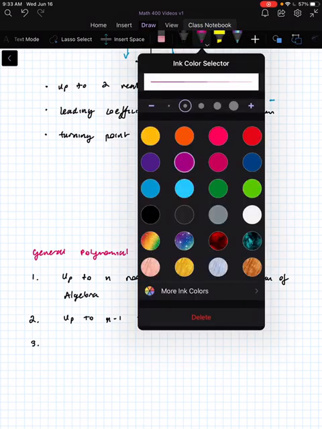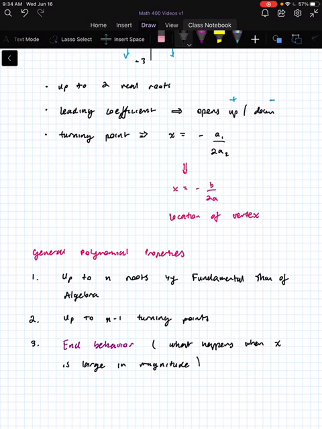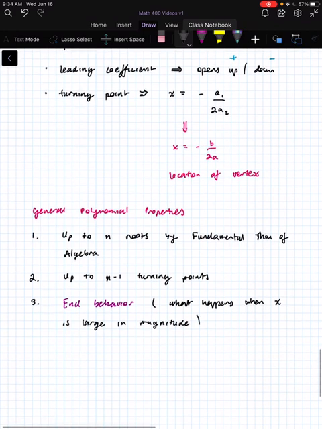The end behavior, this is an important word. The end behavior means what happens when x is very large. And that can mean extremely negative or extremely positive. It is unbounded, it's infinite.